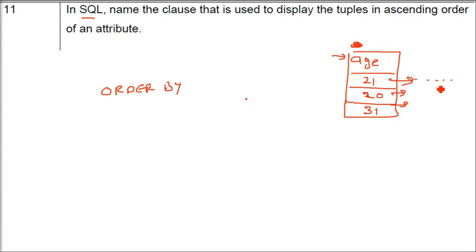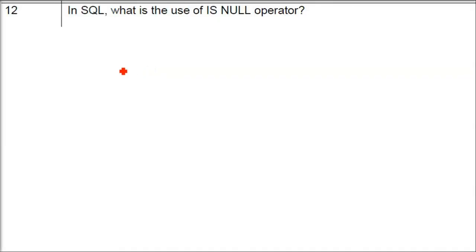After 21 also there will be some content, I'm not showing you that content. I'm just trying to tell you that first 20, 21, 31, this way the records will come. This way the columns will be, with the rows coming. Rows are records only. If you want to make it descending, you have to use DESC. Ascending is always by default, so you don't have to write it.